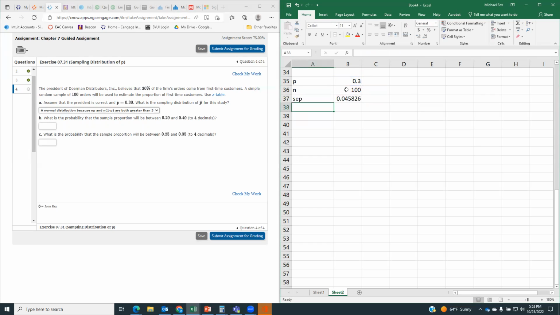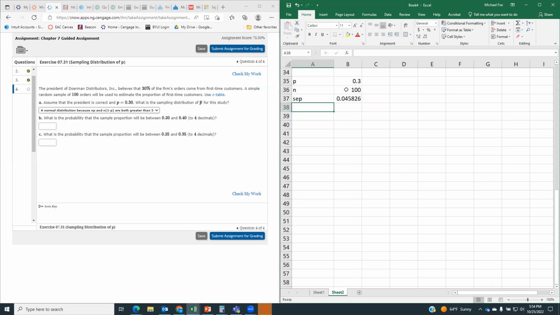And again, because we don't know the big N, we don't know the population size, we are going to just go ahead and assume it is infinite, meaning we don't have to worry about a finite population correction factor. All right, so when we know the standard error of the proportion, and we know the proportion, and we know N, we can start to calculate probabilities of things.